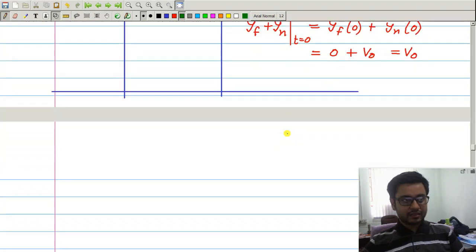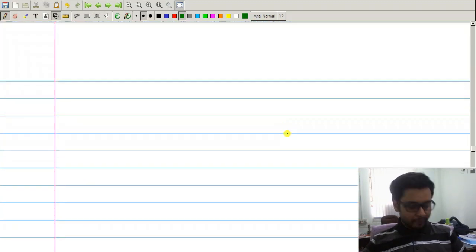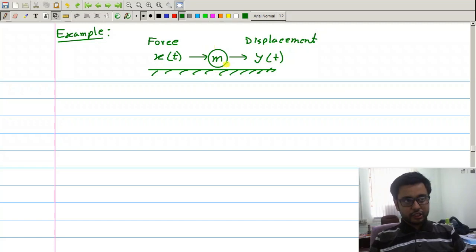Let's take our favorite example. This object as the system, force is the input and displacement being the output. You can get an output without any input or x equal to 0, 0 force, if the initial position of the object or initial velocity of the object is non-zero.